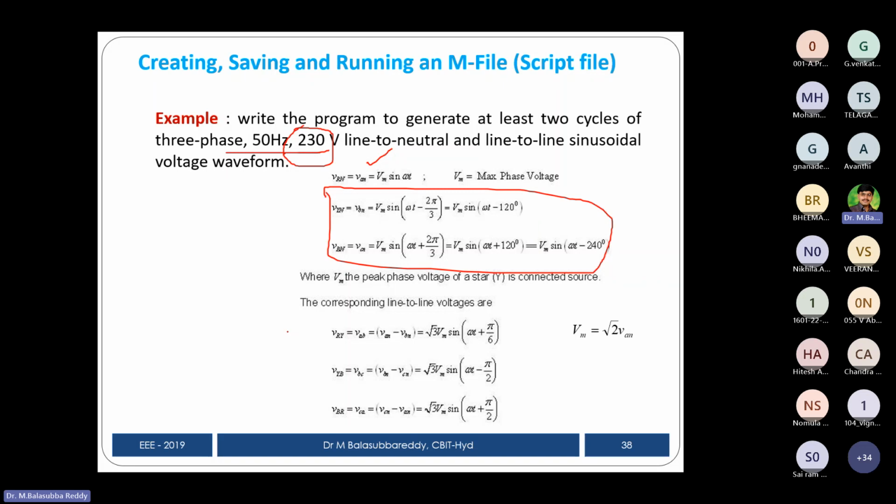While writing the program, first you have to define T, and then we go for omega t, then Vm, that is root 2 into Vs. If that data is available, straight away we can find Van equal to Vm into sine omega t, and Vbn and Vcn. Like that, we can represent An, Bn, Cn notation.